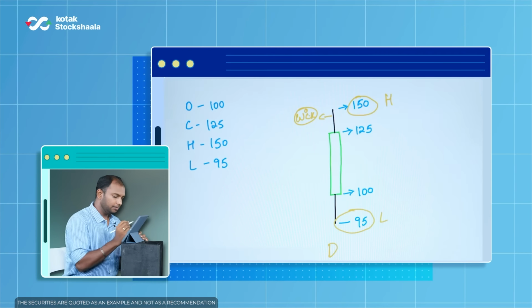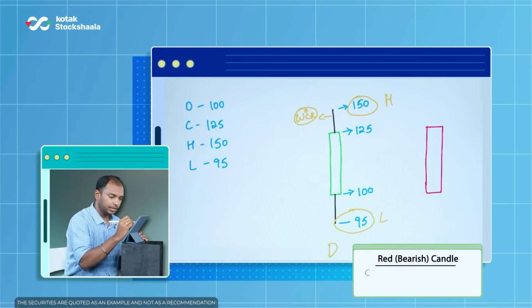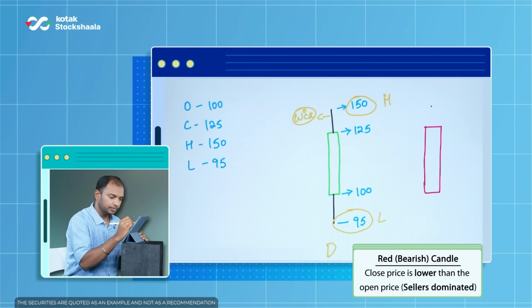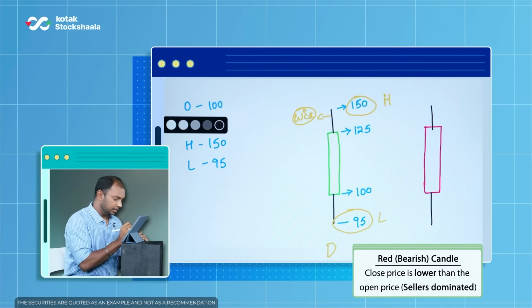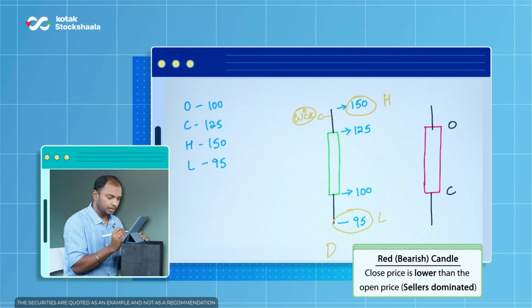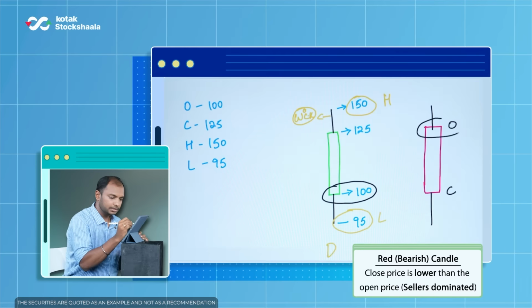But one thing you have to remember is that when you are analyzing a bearish candlestick, the only thing that will interchange is the opening price as well as the closing price. In a bullish candlestick, the opening price is at the bottom. In a bearish candlestick, the opening price is at the top.